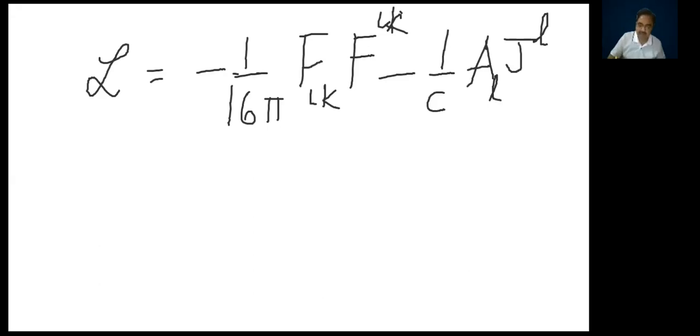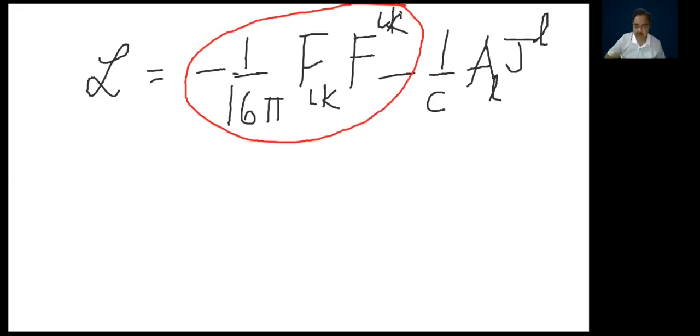Now this is the term which corresponds to the free fields. So we call it the Lagrangian due to fields alone, right? Because the fields can exist independent of any particle, charged particles in it.